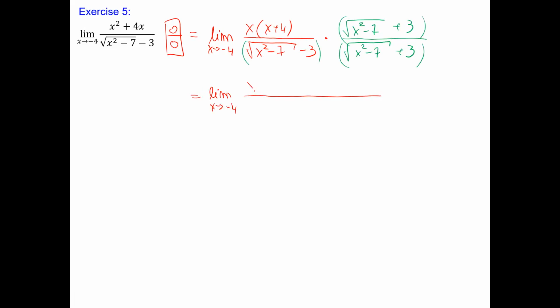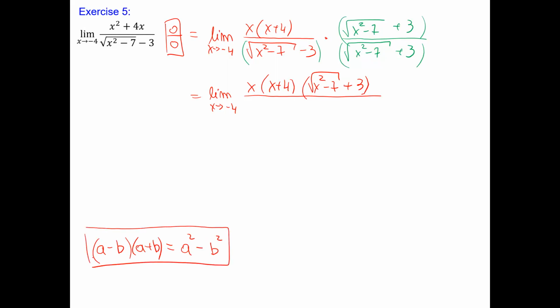I will not distribute the x squared minus 7 plus 3, but I will distribute the square root minus 3 times square root plus 3. It's like a minus b, a plus b. To FOIL really quickly, we square the first quantity, square the second, and subtract, but you can also FOIL. Squaring the square root, only the quantity inside will stay, minus squaring 3 will be 9.